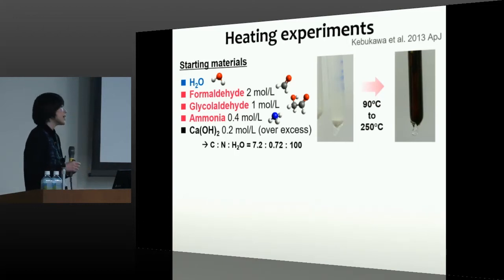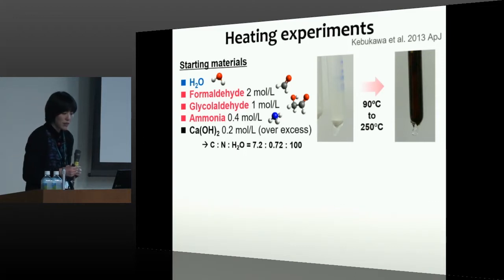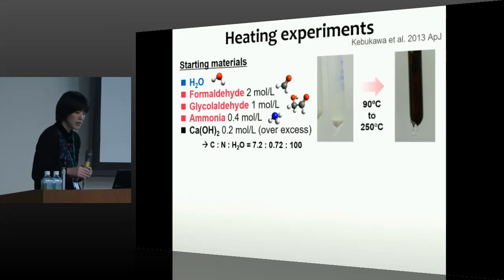We did simple heating experiments using formaldehyde and glycolaldehyde, which is actually a dimer of formaldehyde, and ammonia with calcium hydroxide, which is a catalyst.